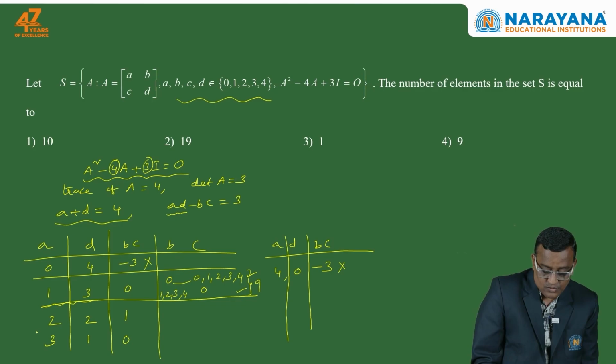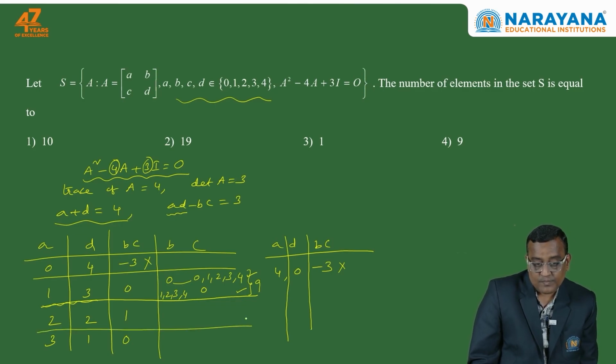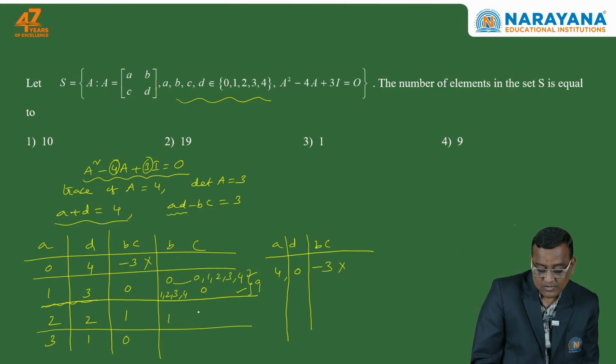Next, coming to (a, d) as (2, 2), the bc product is 1. So the possible bc is (1, 1) only. So there is only one possibility here. Similarly, bc product 0. Again, the number of combinations here: b is 0, c is any of 0, 1, 2, 3, 4, and this is 1, 2, 3, 4, and this is 0.